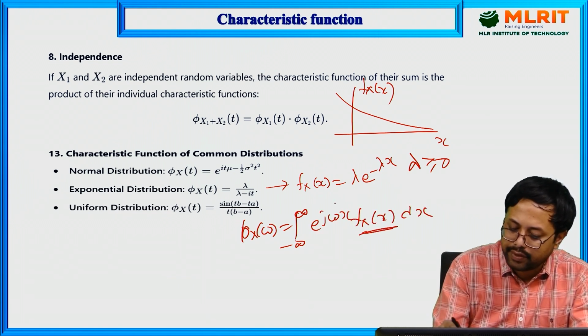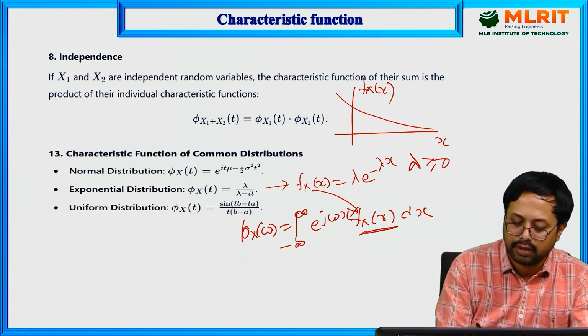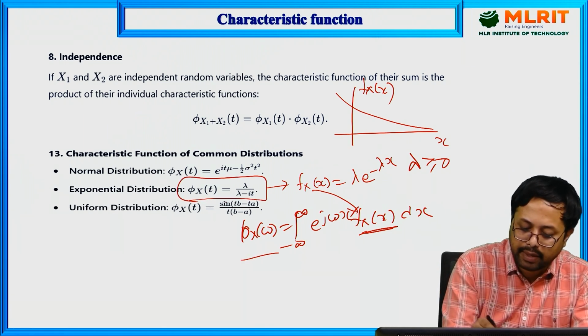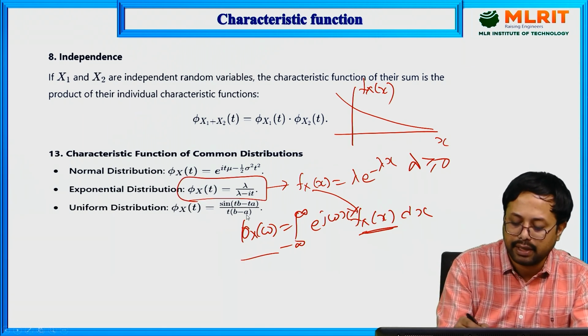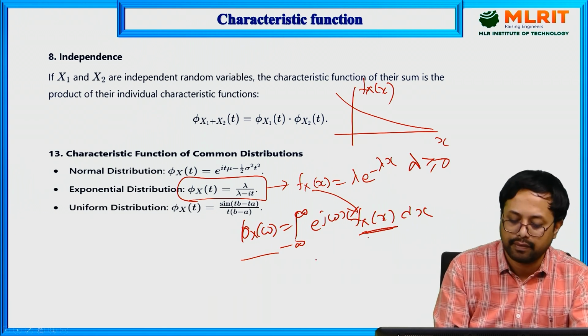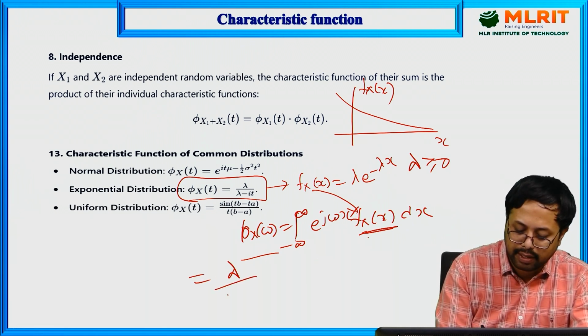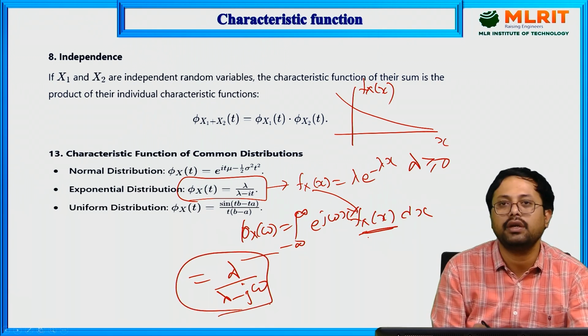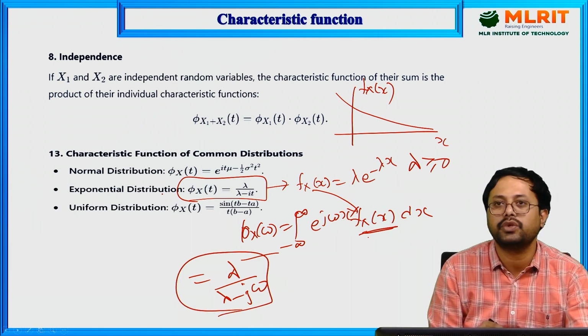In place of f_X(x), you substitute that one. Then you get lambda by lambda minus j omega. This is the formula you get for the exponential distribution.